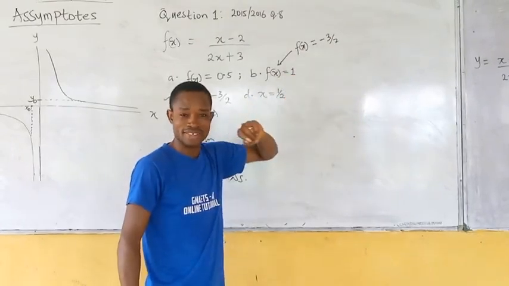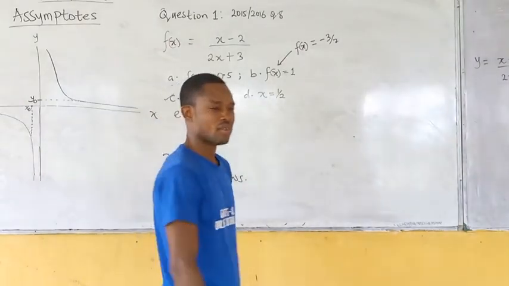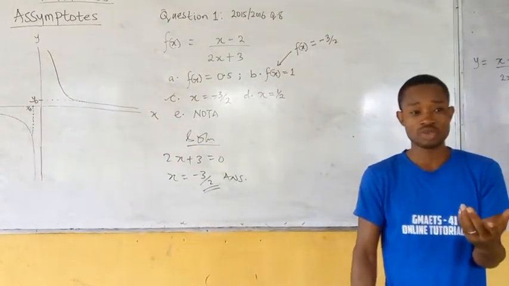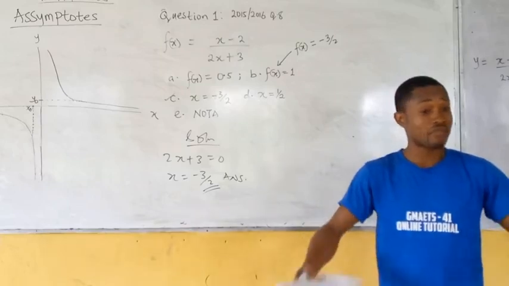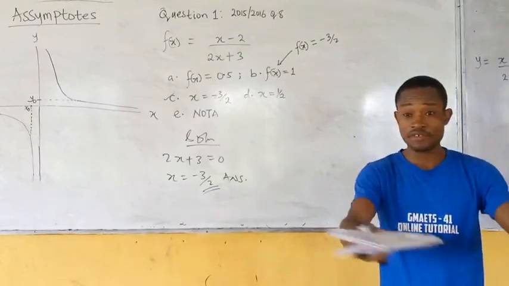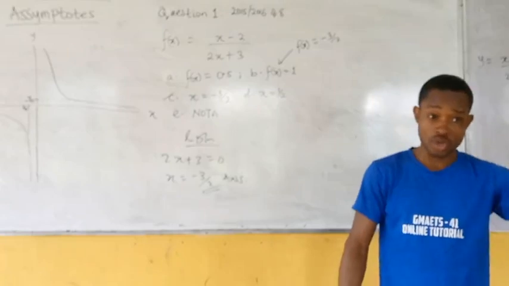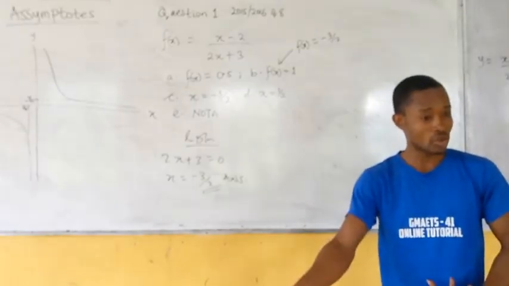Are you following it right? F of x. And you have this also as an option. F of x. Do you understand what I mean, right? Both of them are minus 3 over 2. Which would be the answer? Don't forget that you are looking for what? Vertical asymptote. And I have given you all the things you need to know. Calculating vertical asymptote, you know what you are looking for. If you are asked to find horizontal asymptote, you know what you are looking for.